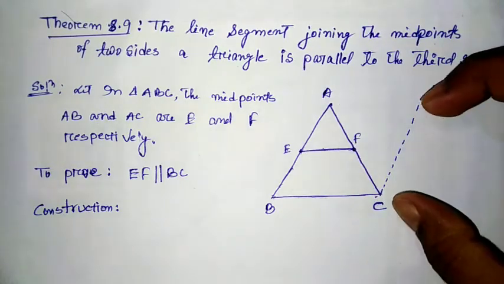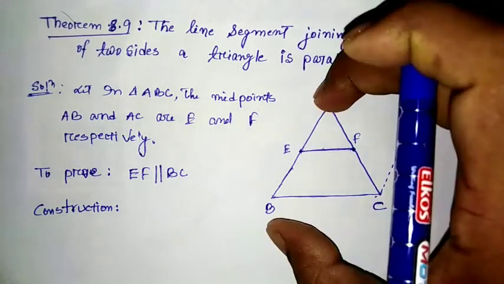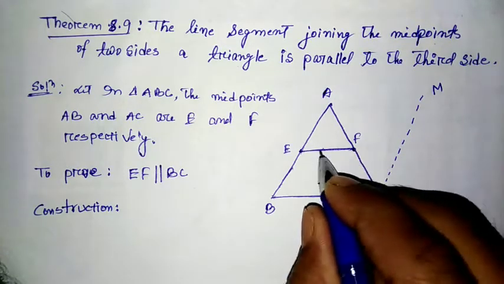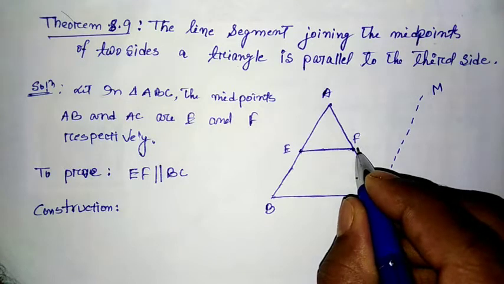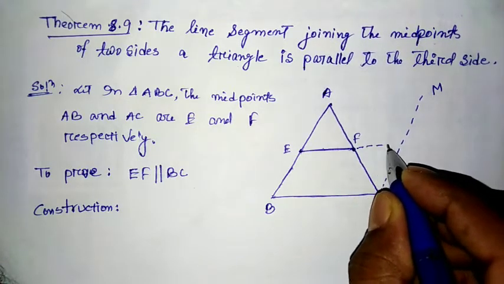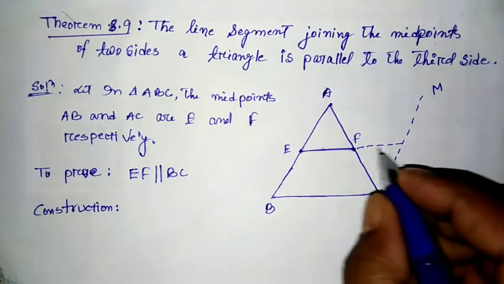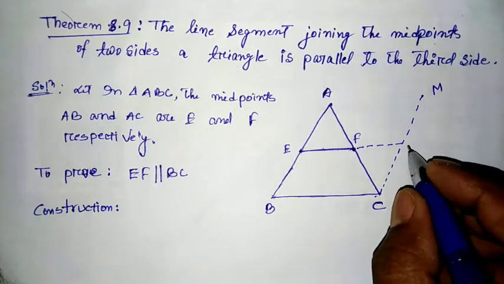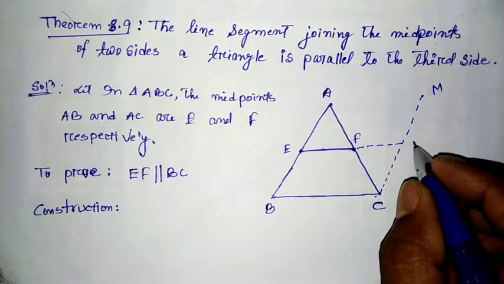It is constructed in such a way that CM is parallel to AB, and we will extend this EF to meet the line segment CM, suppose at D.